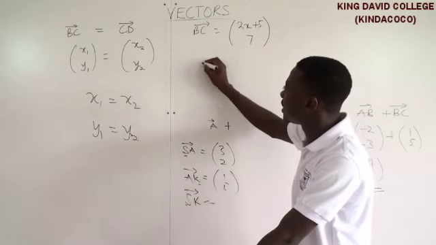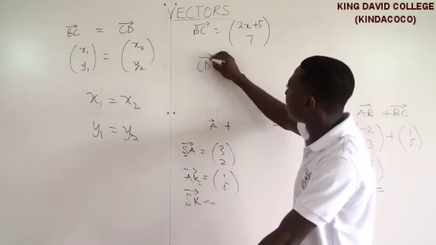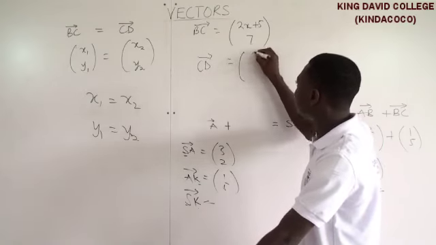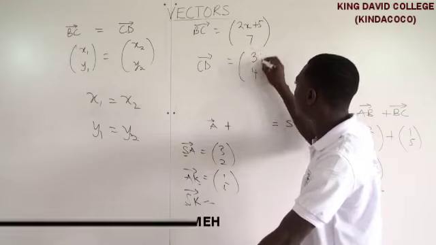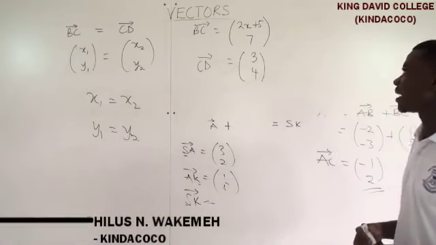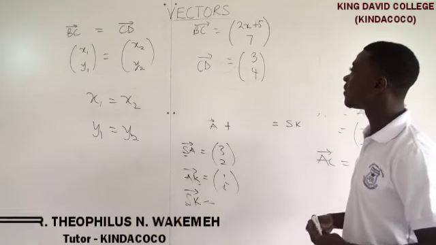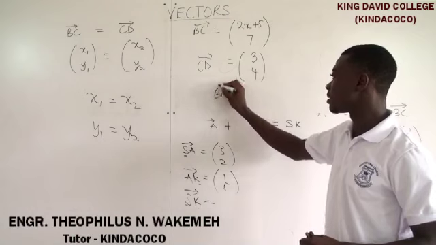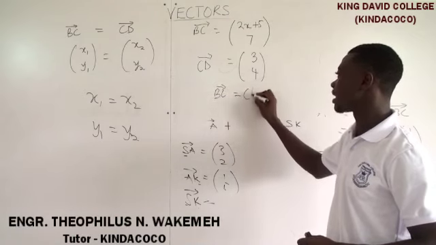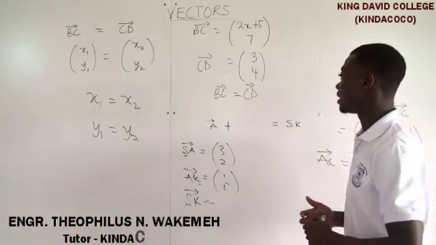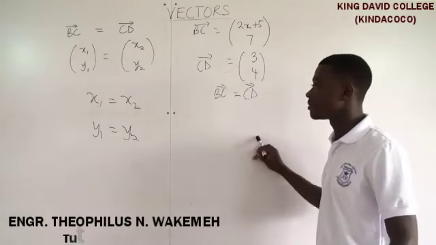And then vector CD is giving us, should I say, 3 and then 4. 3 and 4. And then the question is saying: find the value of x if vector BC is equal to vector CD.